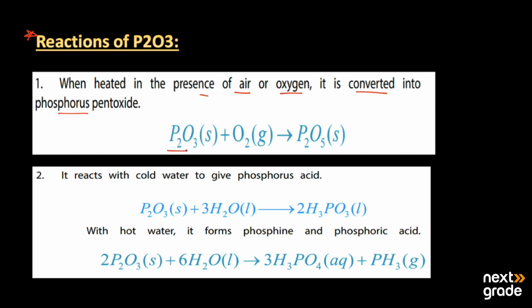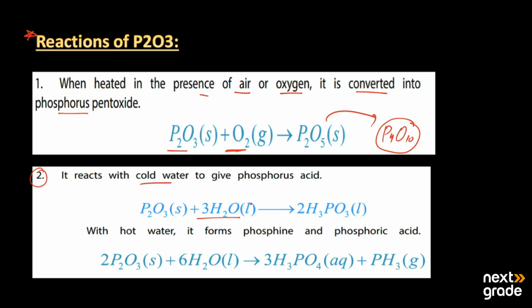So here we have P2O3 reacting with oxygen to produce phosphorus pentaoxide, which can also be written as P4O10. This is its first chemical reaction.